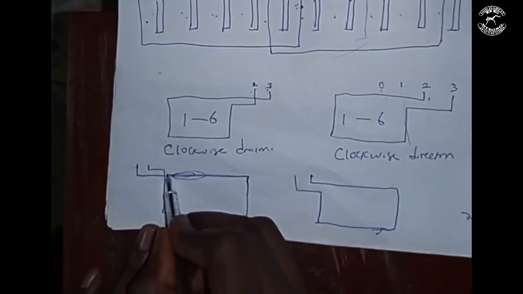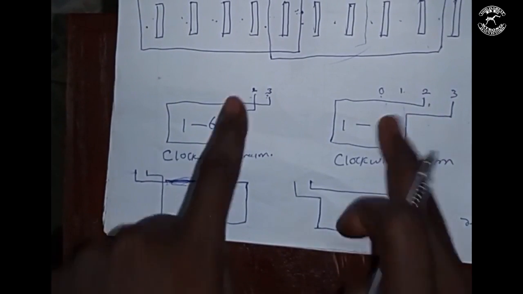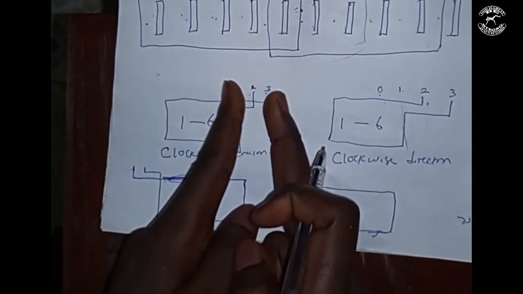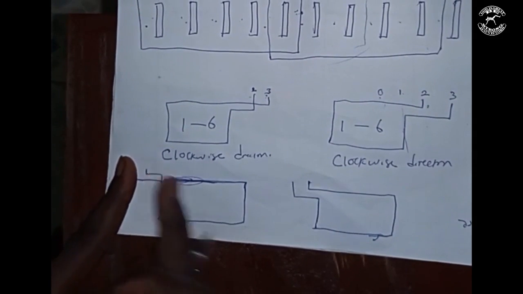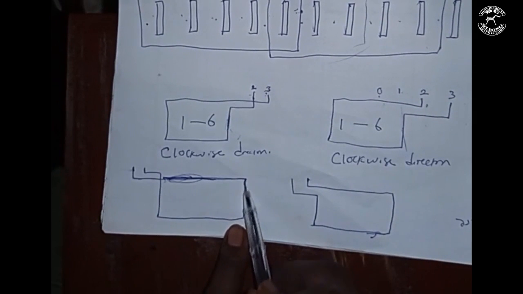Now, what's the difference between this one and this one? This one, the segment is here, but this one, the segment is here. For anti-clockwise, here will remain our first slot. Please, very important. Here will remain our first slot.